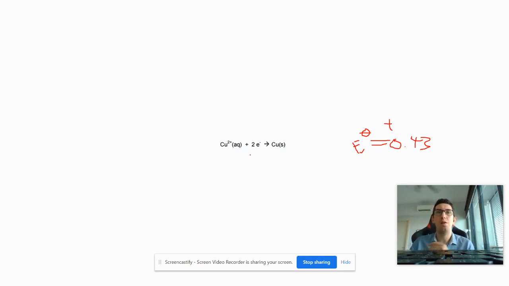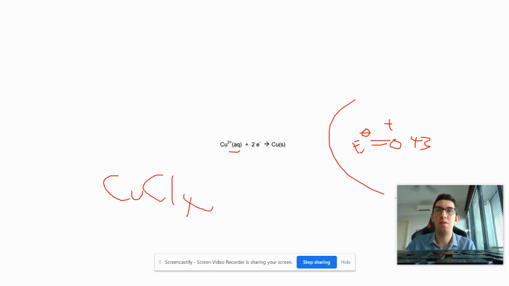This ligand here is aqueous, so it's surrounded by 6 water molecules, so it's hexa-aqua copper 2 plus. And the spec point is simply saying if that wasn't hexa-aqua, say it was a different ligand, say it was copper chloride, well, this number would be different. Again, it's sort of obvious because it's a completely different reaction with a different ligand, so of course the redox potential will be different, but that's all that spec point means.